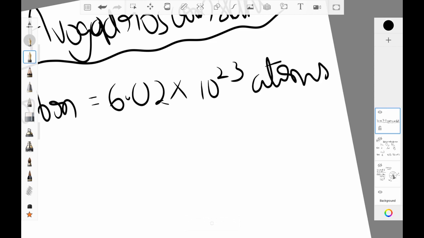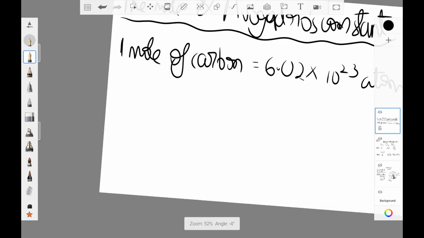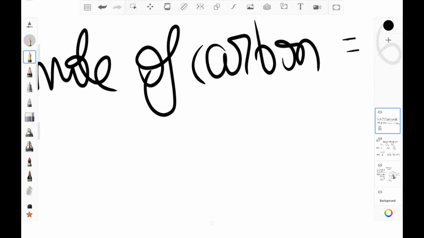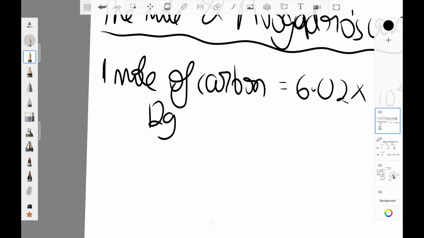Now, in the case for carbon, 1 mole is the same as 12 grams. So 12 grams of carbon contains 6.02 times 10 to the power 23 atoms, which is why 12 grams of carbon is a mole of carbon.